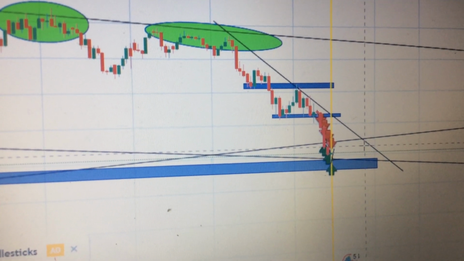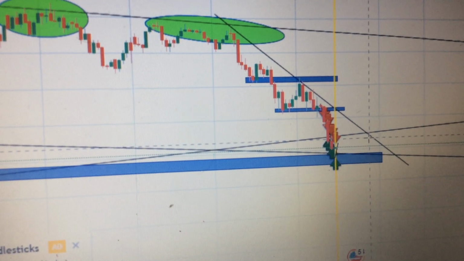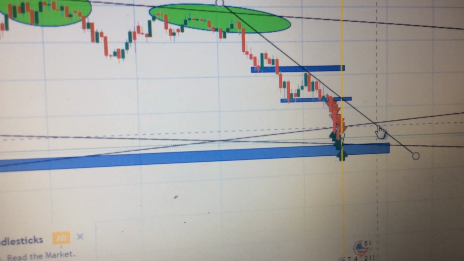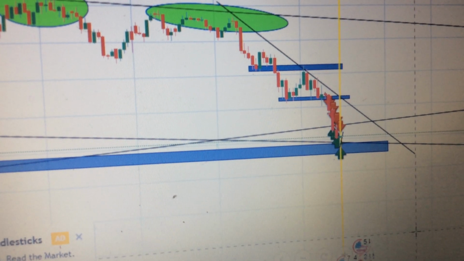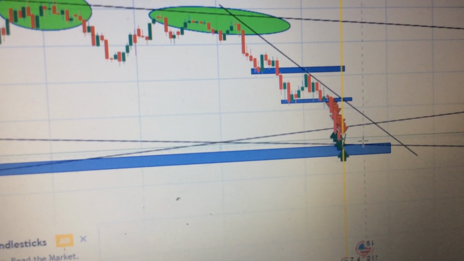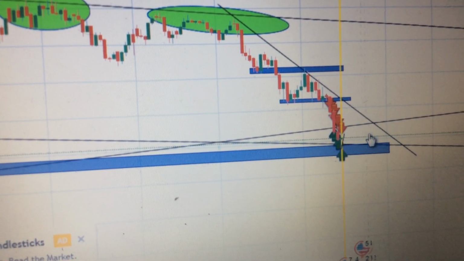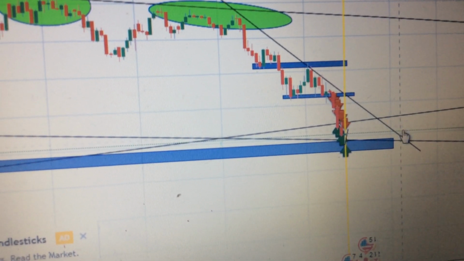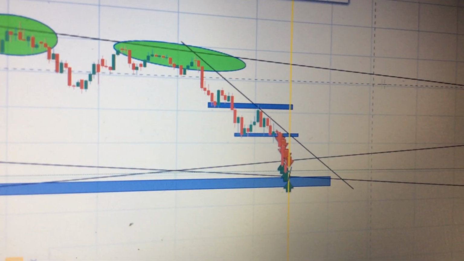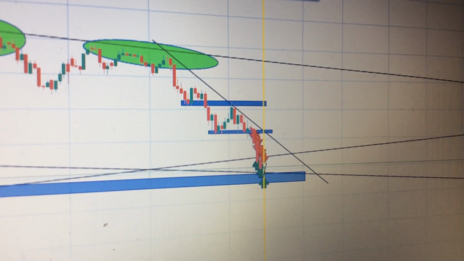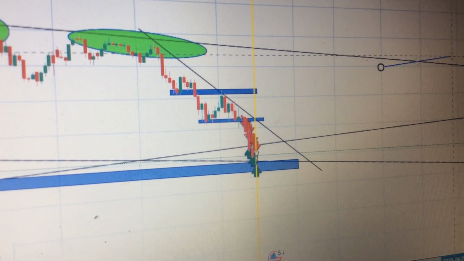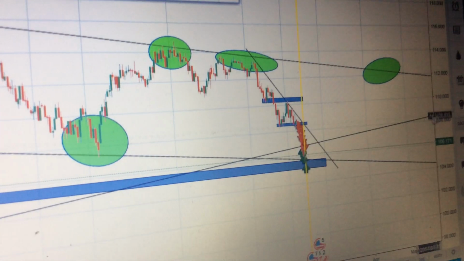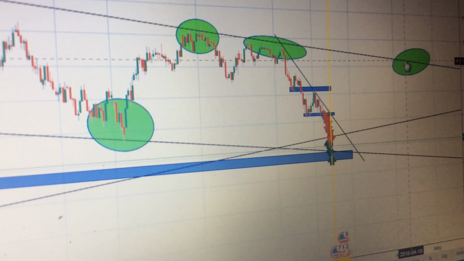Whether that retest becomes another lower high, and consequently continues down to make a lower low, or it bounces back and forth, breaks this line, makes a retest, and then shoots back to the top of this ascending triangle we have here, which will give us a third push to this side right here.